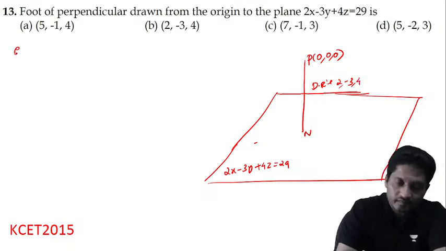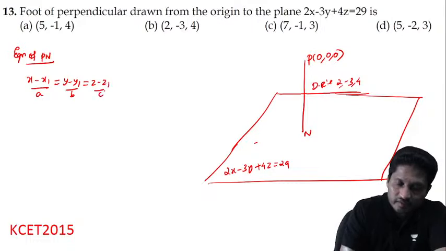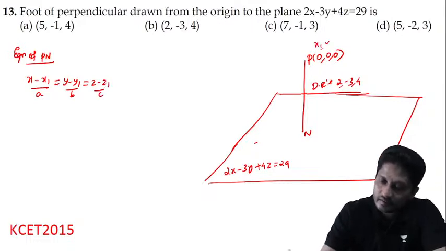Equation of PN will be x minus x1 by a equal to y minus y1 by b equal to z minus z1 by c. x1, y1 and z1, a, b, c.